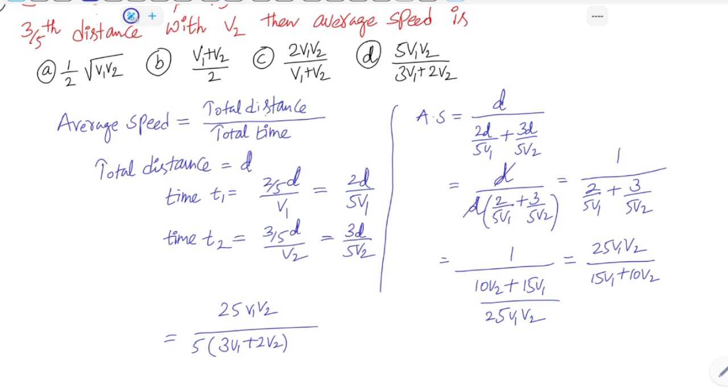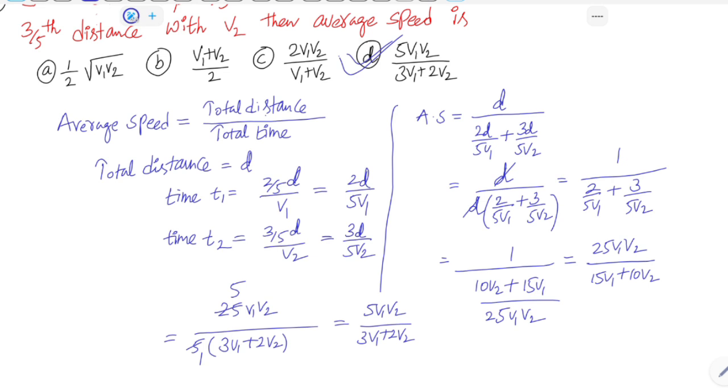Cancelling 5 ones and 5 fives, you will have 5v1v2 by 3v1 plus 2v2. If you use this generalized method, you will find any problem related to average speed easily. So the option is 5v1v2 by 3v1 plus 2v2. So the correct option is D.